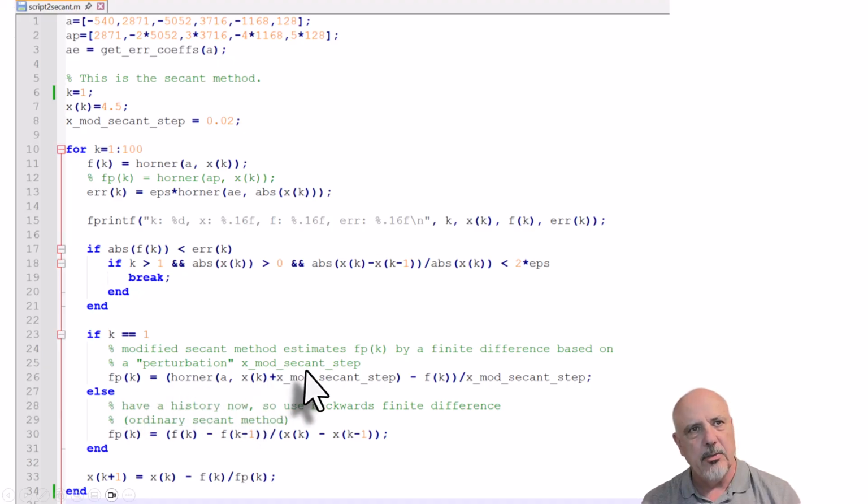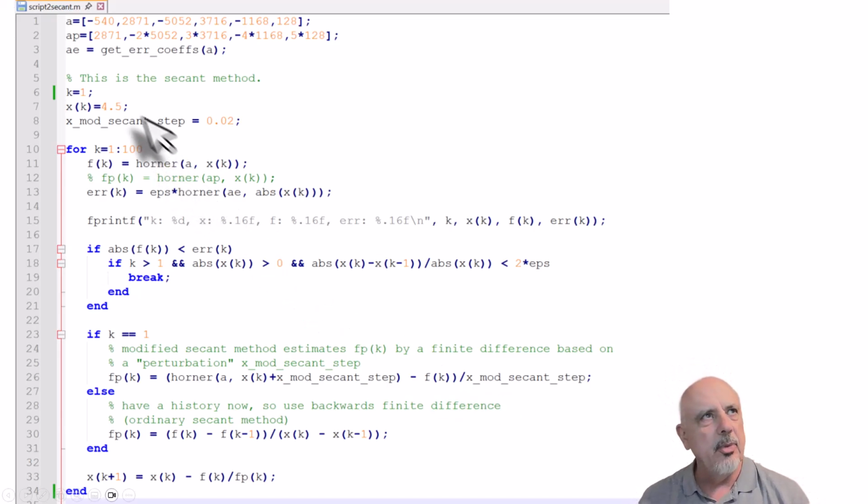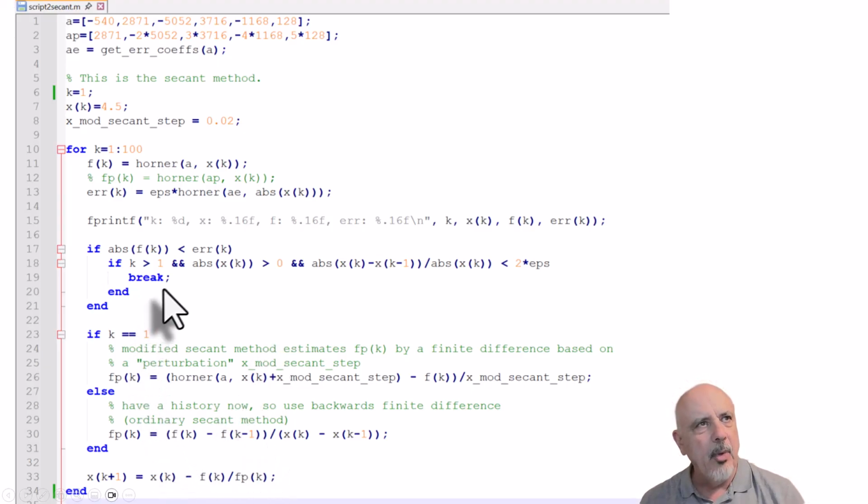So I do what I call a little perturbation. I take a little minor step, figure out what the Horner value is, subtract the current value, and divide by that little secant step. The 0.02 is what I've got it configured as. At that point, it looks a lot like Newton Raphson.